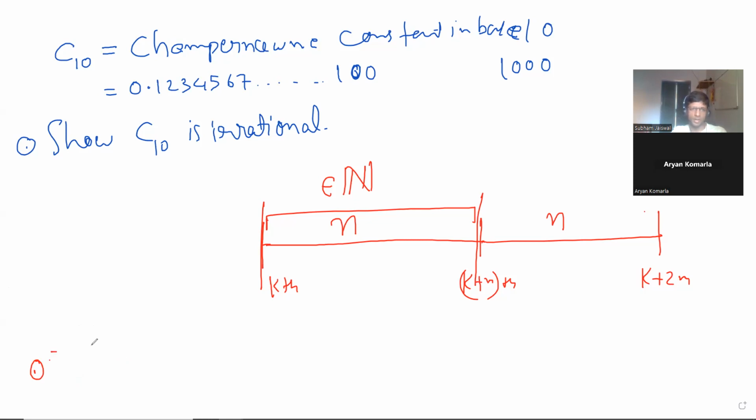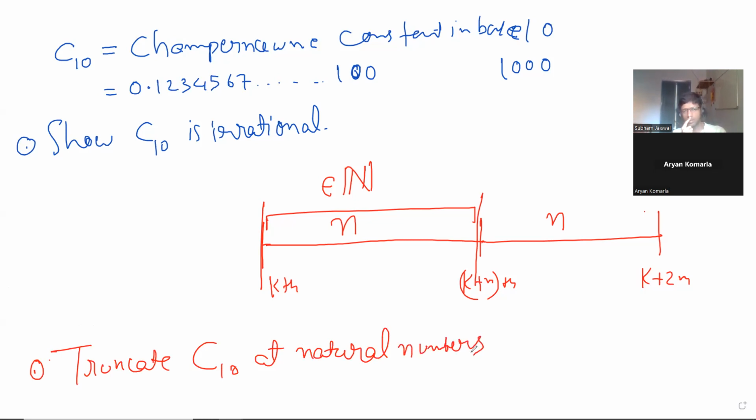So truncate it at natural numbers. We define the length of the truncation as the number of decimal places in the expansion. The question is, what values can this length take? It can take any value from 1 to 9, but it can't take 10.